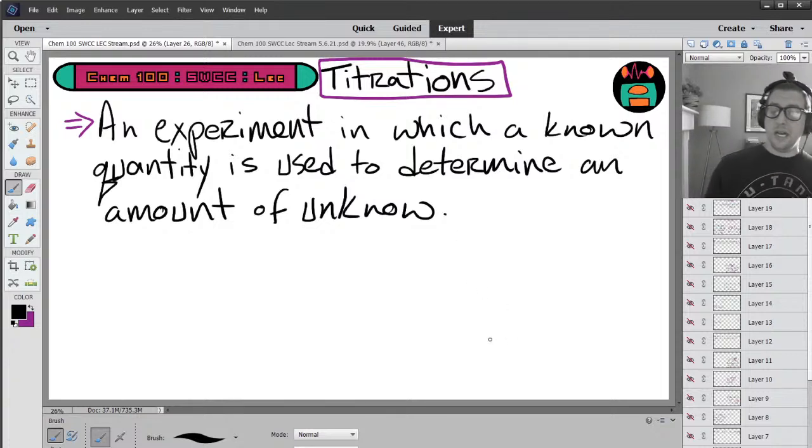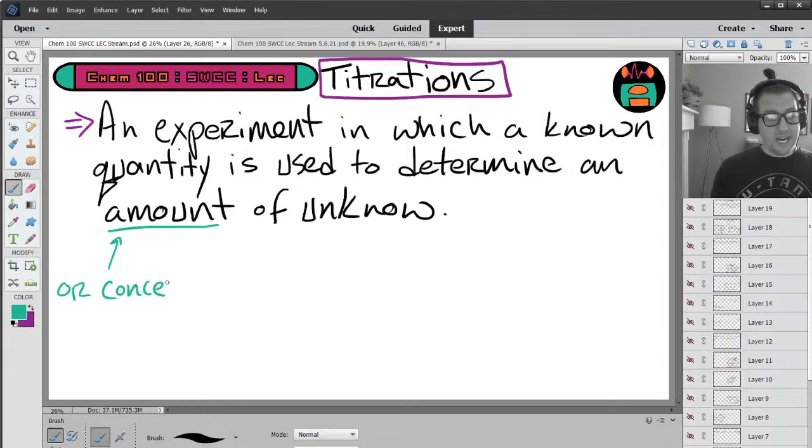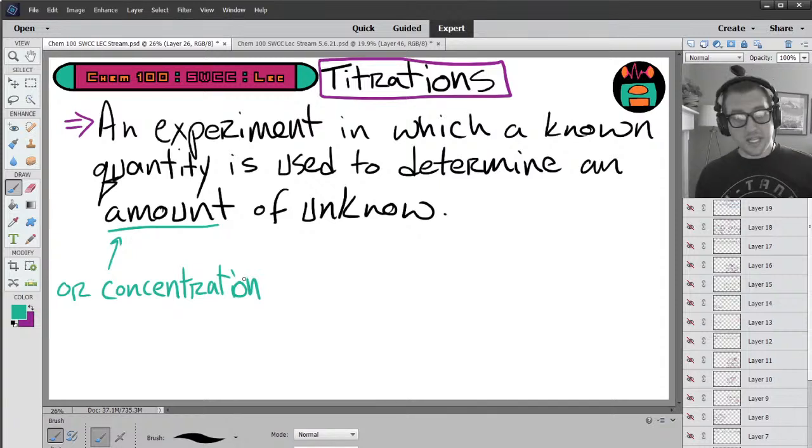Often, but not exclusively, the amount could be a concentration. So, to determine the concentration of an unknown solution is a very common practice in a titration.